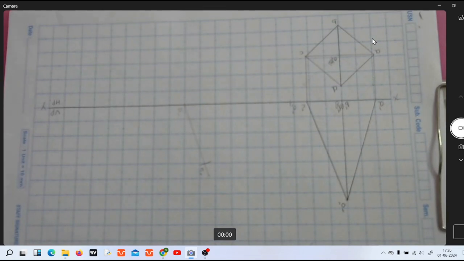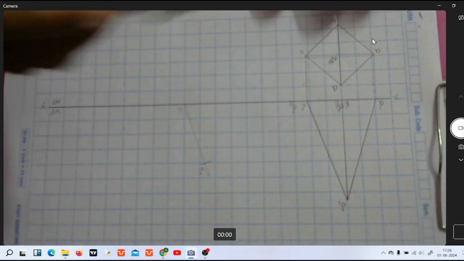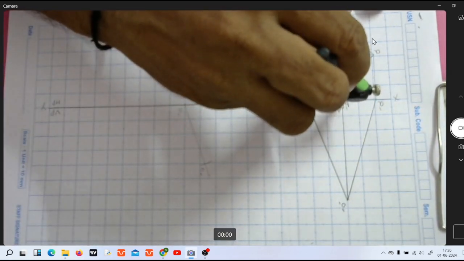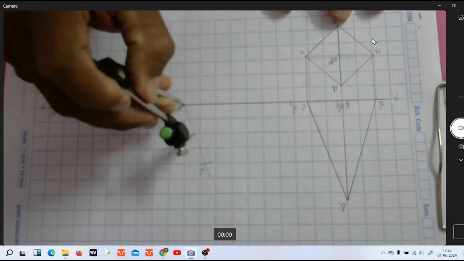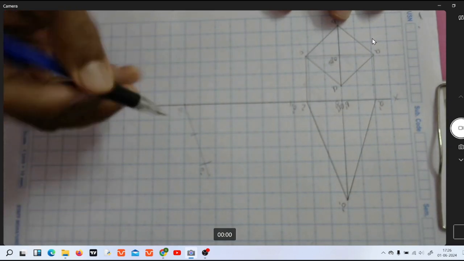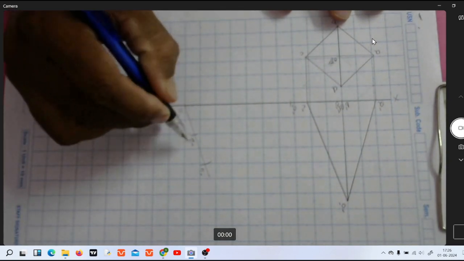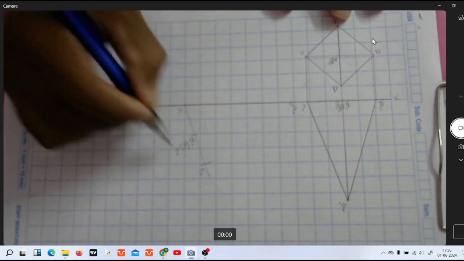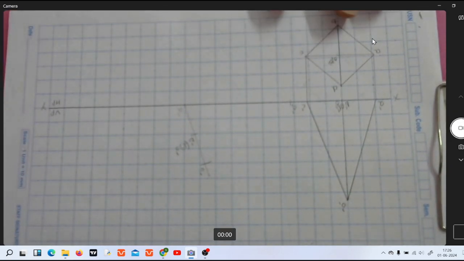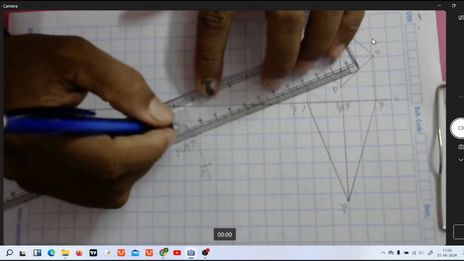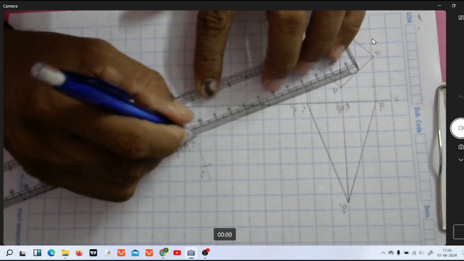Now you measure the distance C dash B dash with the help of the compass and mark over here. Now this point refers to B dash, D dash as well as O dash. Now connect all these points to O1 dash.